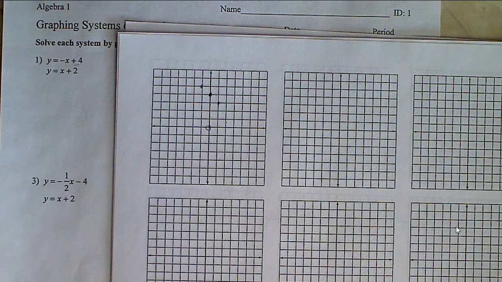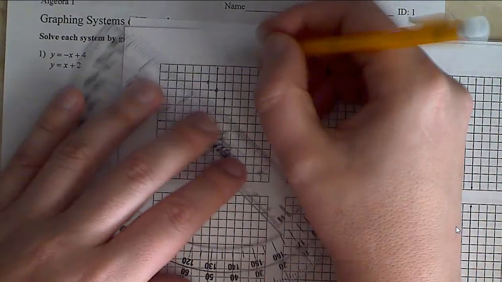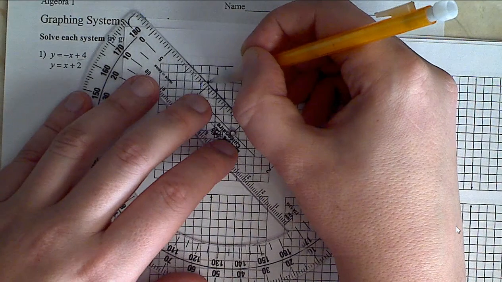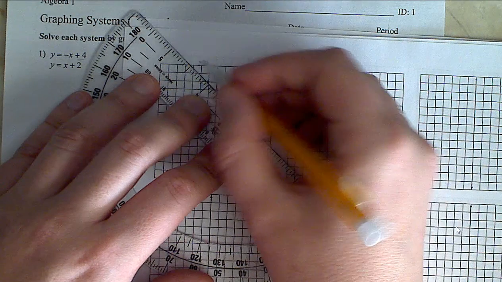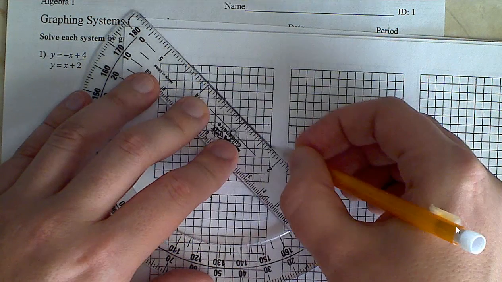Now, if you need to use rulers, they are found in a drawer marked rulers next to Michael. So that's where the rulers are.